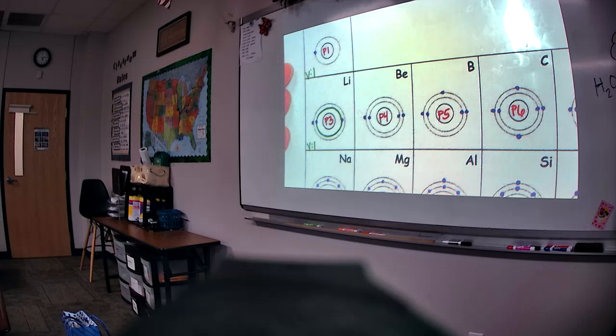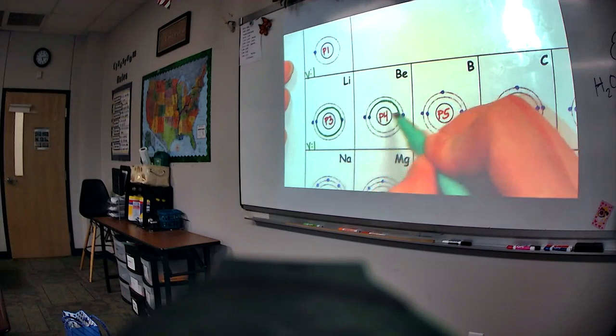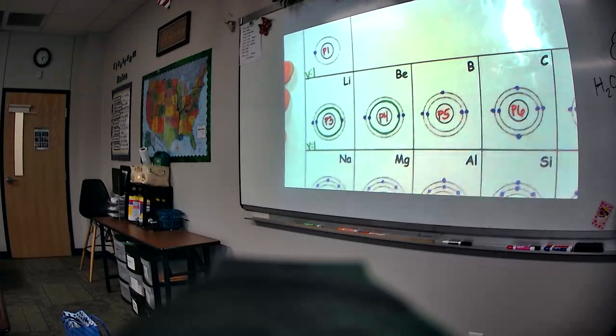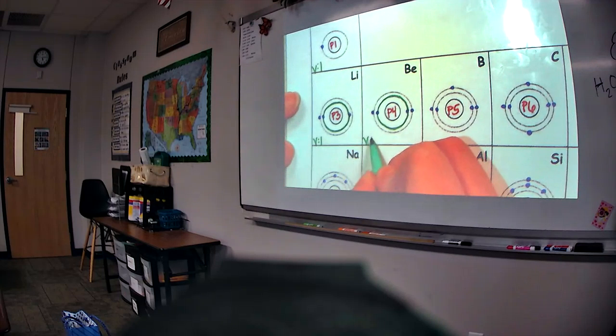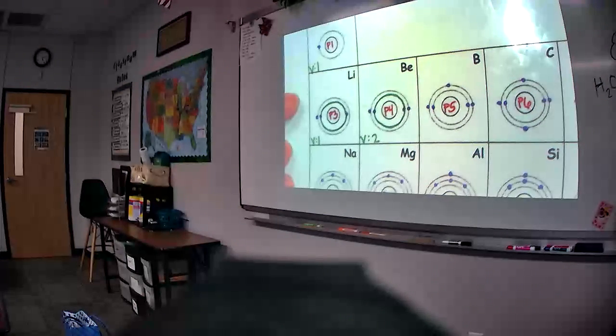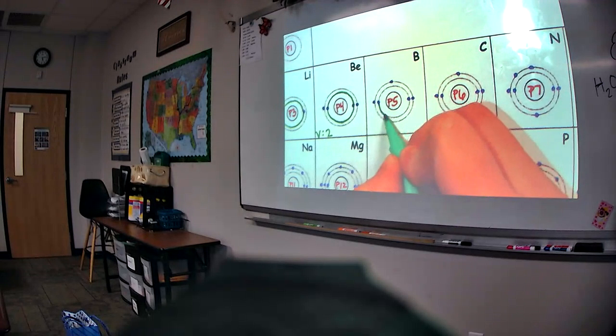For beryllium, the first shell is full. It has 2 electrons. It's totally filled up. So trace that. That means that beryllium has how many valence electrons, class? 2. Very good. 2 in the outermost shell. So we're going to put V2. Now let's go to boron. Again, boron has a full first shell.